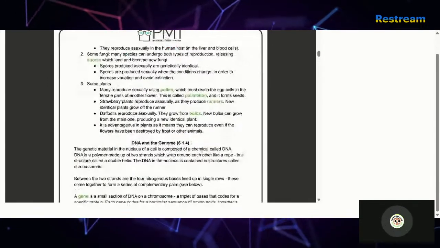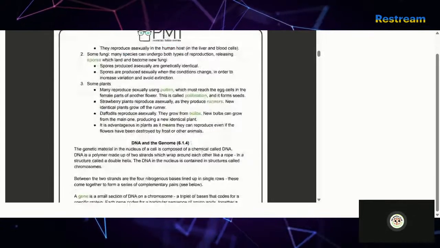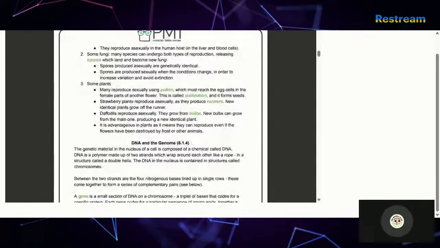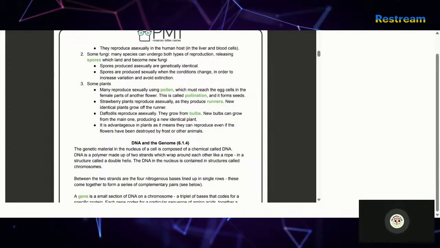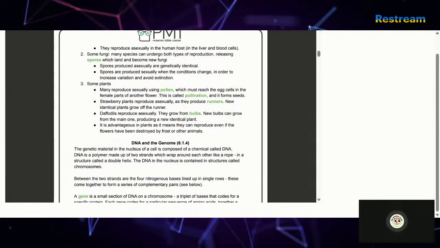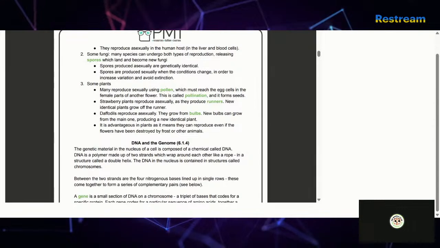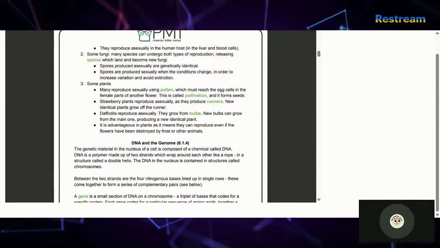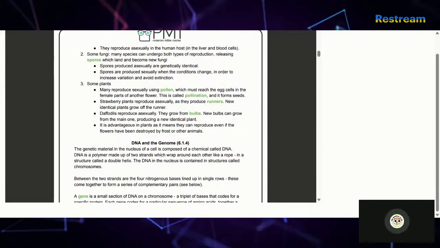So, some fungi can reproduce asexually, and they can reproduce sexually as well when the conditions change in order to increase variation and avoid extinction. If you have strawberry plants, they produce runners which allow them to grow. Now, malaria is another example of something that reproduces by both methods.